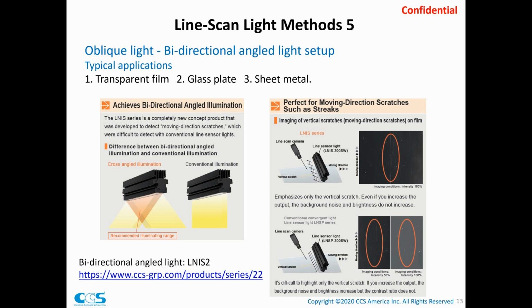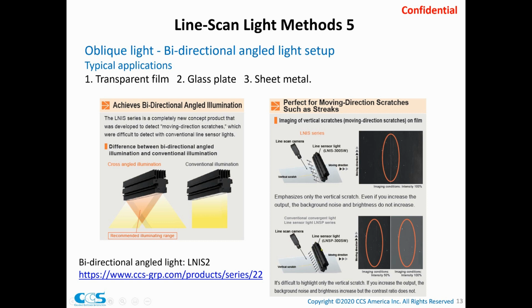So for the traditional lighting method, we will use a flow light, and let's see what kind of result we will get. Now we have a film here, with scratches along the moving direction from left to right, and we have a camera here, and a standard flow light.